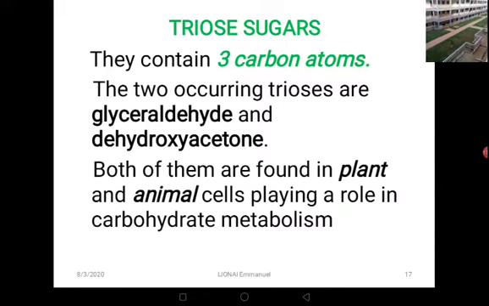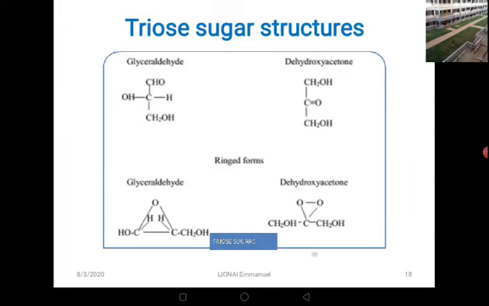The two popularly known triose sugars are glyceraldehyde and dihydroxyacetone. So those are the two commonly found triose sugars. Both of them are found in plants and animals, and they play a role in carbohydrate metabolism.